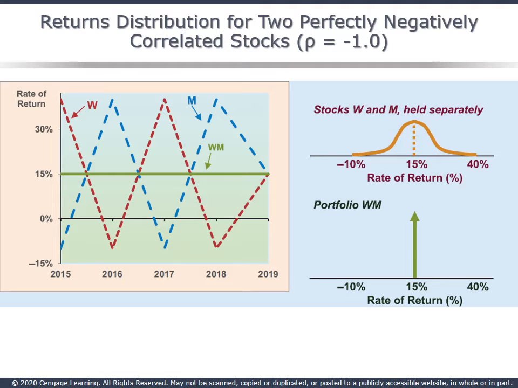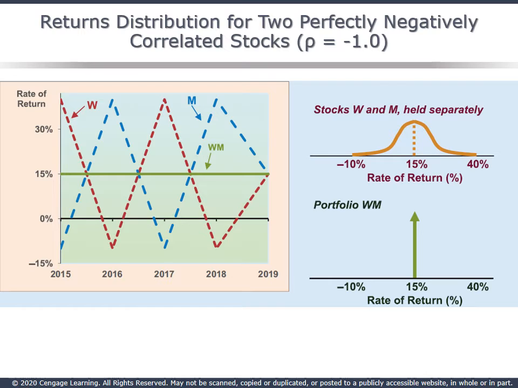However, when you combine these two risky assets, the return now is still the same as if you were holding each individually. So the return stays the same, but the risk evaporates. The reason why is because they have perfect negative correlation. A positive return for one stock is canceled out by a negative return on the other.